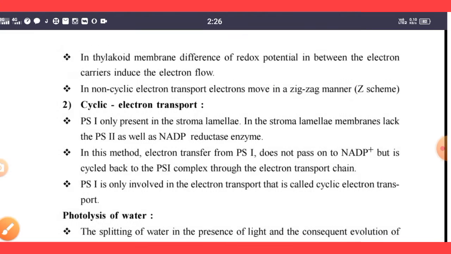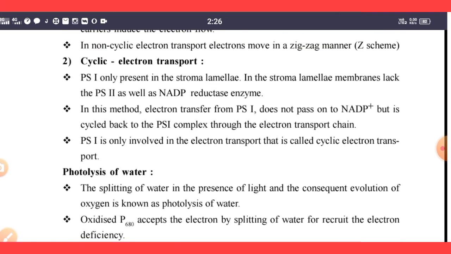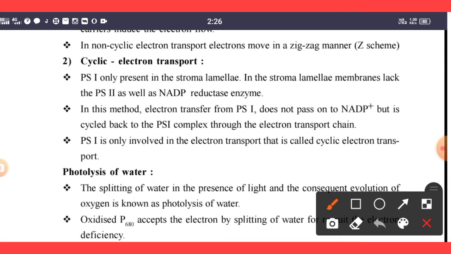And next, we go to the cyclic electron transport. In cyclic electron transport, only photosystem 1 participates, in the stroma lamellae of the chloroplast. The stroma lamellae membranes lack PS2 as well as NADP. Why? Because it is occurring in the stroma.